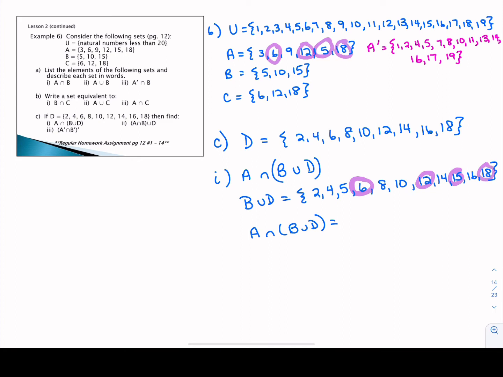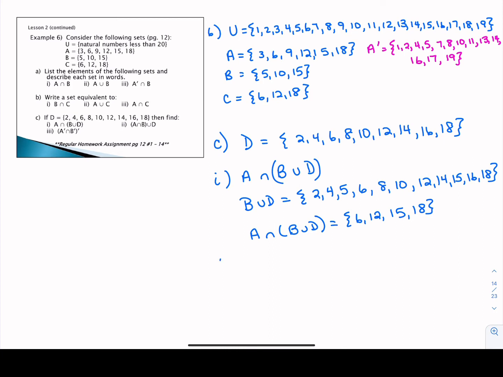So those would be the intersections between those sets: 6, 12, 15, and 18. So we would write those very carefully. So again, we have 6, 12, 15, and 18. This took a little bit of extra work because we first had to find B union D.